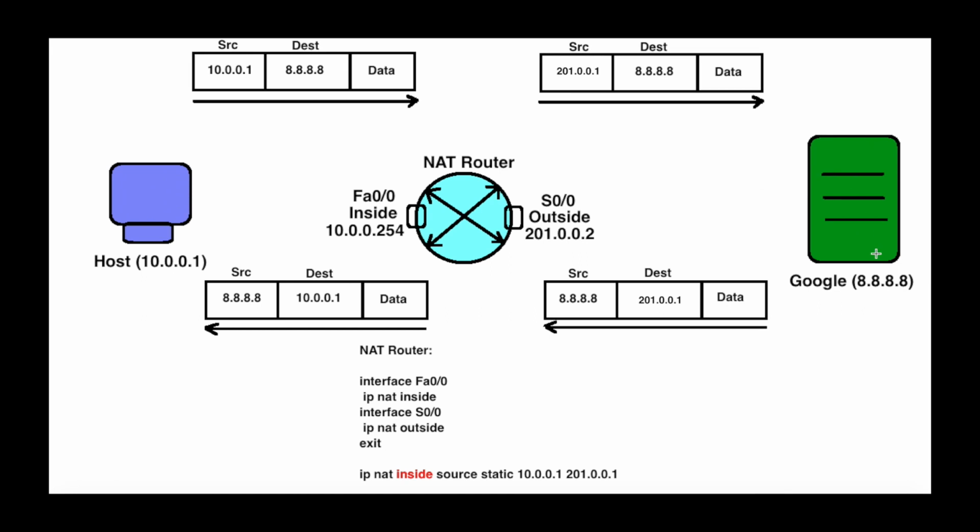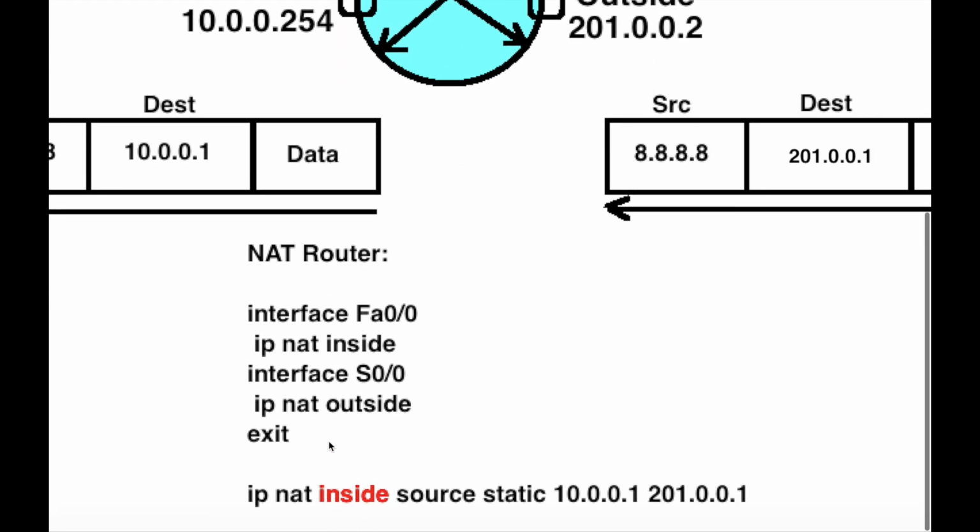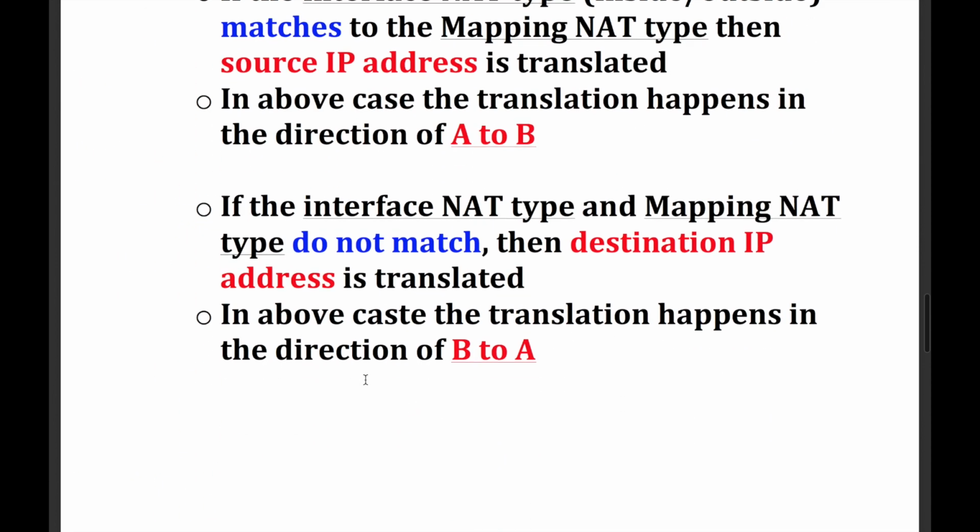On the return, when the Google server sends the packet back, the source becomes Google and the destination is 201.0.0.1, and this packet is coming on the outside port now, right? So the NAT router sees that something is coming on the outside port and the mapping is inside. So the port type where the packet is arriving and the mapping type do not match. And what happens then?